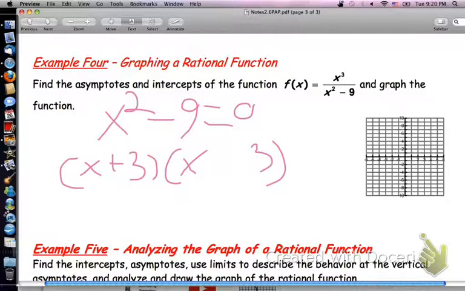One would be plus and one would be minus. So the values of x where x squared minus 9 equals 0 are positive 3 and negative 3. And we just want to make sure that those values don't cause the numerator to also be 0. And they don't, so we know that we'll have a vertical asymptote both at x equal to 3 and x equal to minus 3.